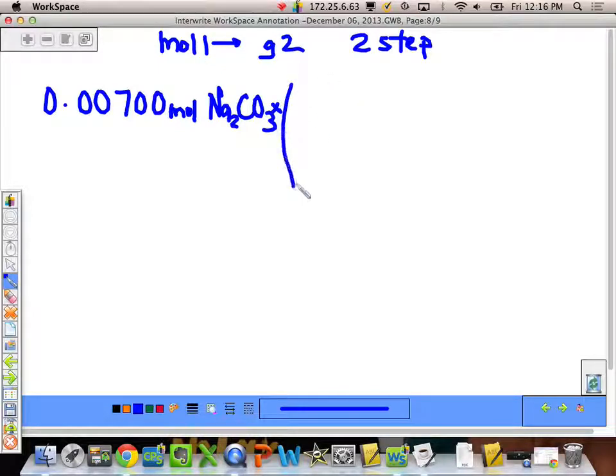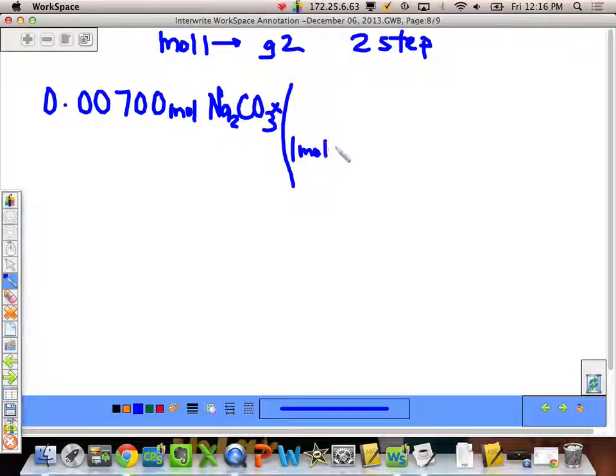So I can set it up. My first step is going to be to get rid of sodium carbonate to get to the compound that I want, the calcium carbonate. So what thing that we've done already do I have to look at to be able to do that? Yep, look at my balanced equation, absolutely. So how many moles were in my balanced equation for sodium carbonate? 1 mole, yep.